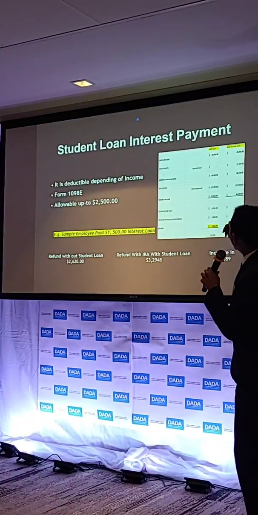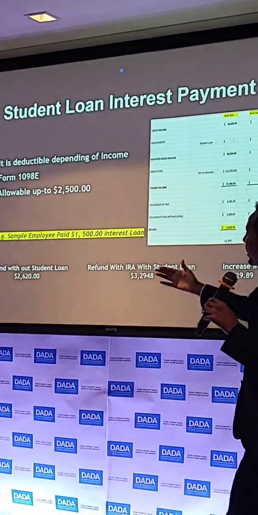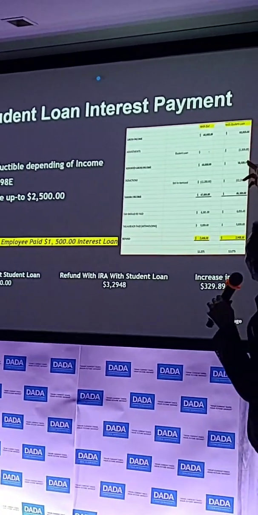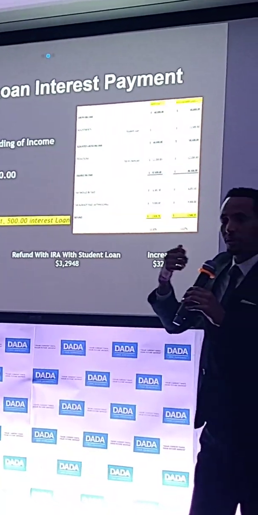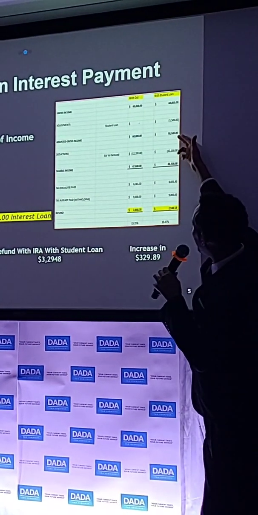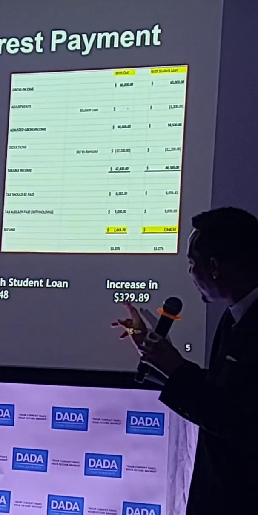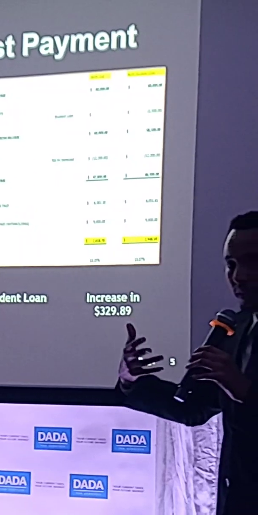With that, this employee, as an example for us, paid 1,500 interest this year. This interest would have helped him minimize what? It's not going to give him a tax refund increase of the same amount. But this is an adjustment, then his taxable income would have been 58,500. With that, his refund would have been increased by 329. Okay, you see now the difference?